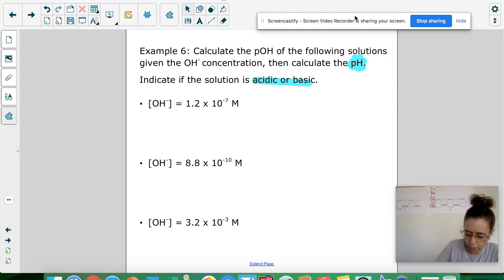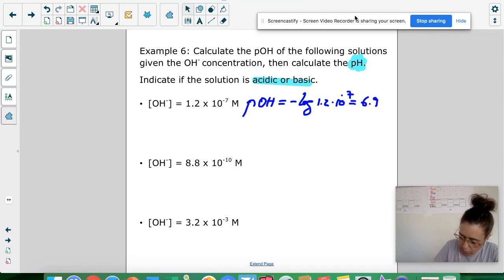The pOH for the first one is gonna be, remember, the negative logarithm of the concentration of the hydroxide. So that's going to be negative log of 1.2 times 10 to the negative 7. And this gives us 6.92. That is the pOH. And now we find the pH. Remember, pH plus pOH equals 14.